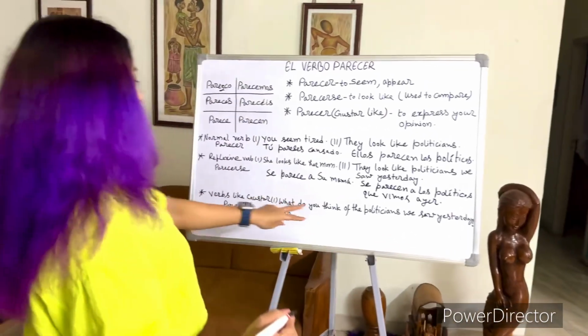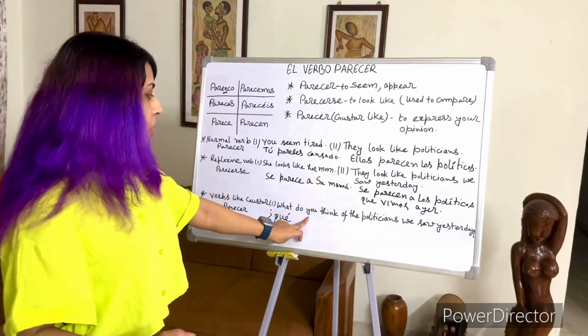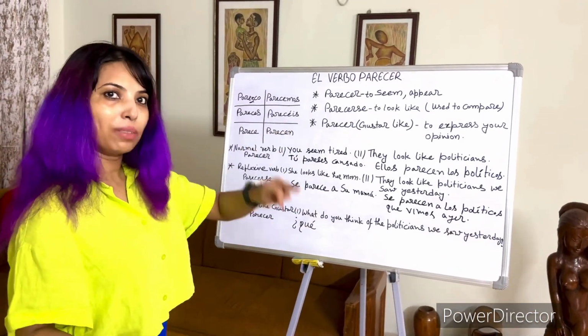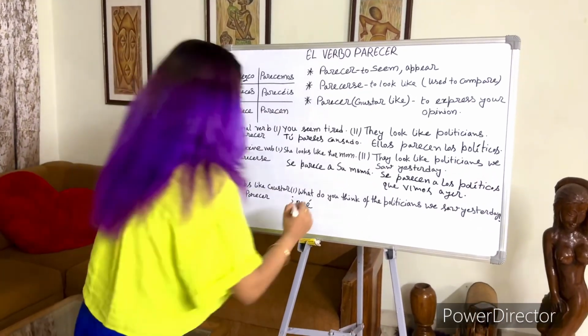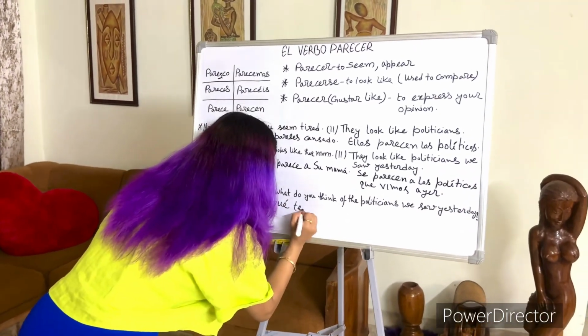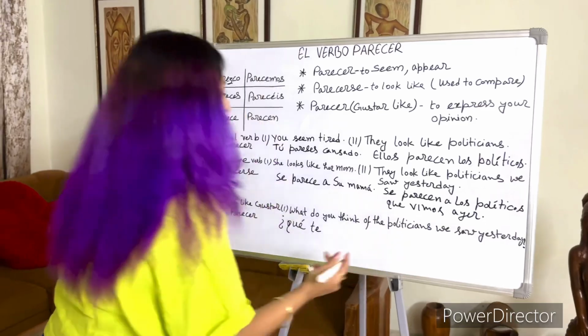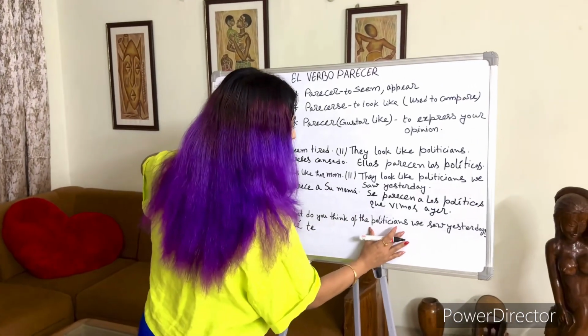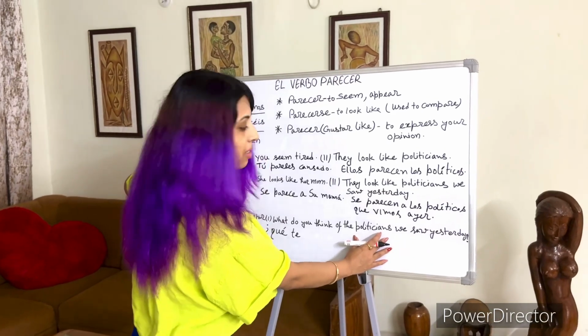So in the case of a gustar-like verb, for the subject you, we will be using the indirect object pronoun te. Qué te, and then the conjugation of parecer will be used as per the object of the sentence.